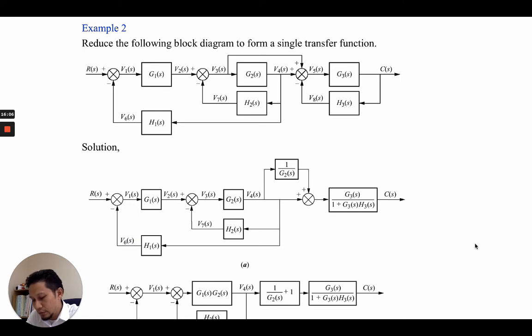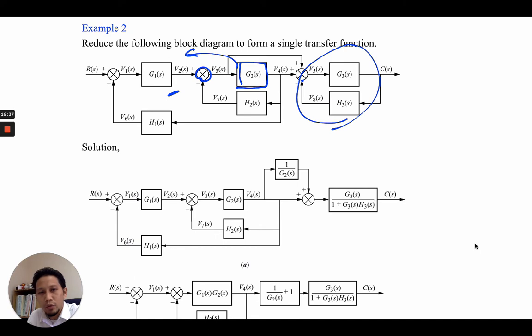Okay, we can have this one in the form of feedback, and then you can see here there is a summing junction over here. So this is a summing junction, so we can move the block diagrams here to behind the summing junction, so that we can have a cascade version of G1 and G2.